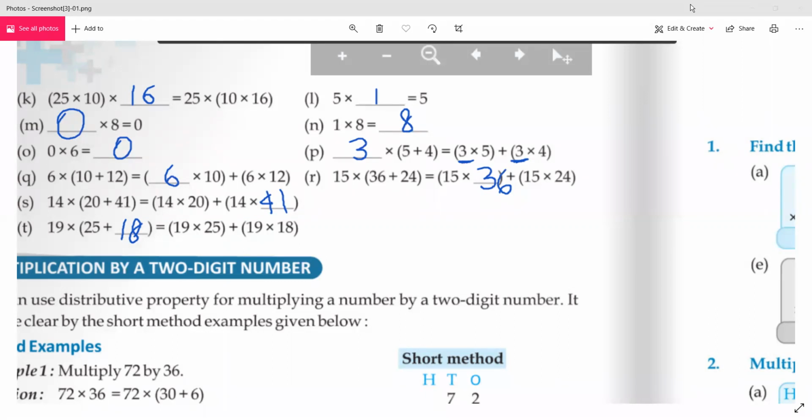Okay, so almost seven only raised your hand. Rest of the students, please complete and raise your hand. Then only we will go to the next exercise.